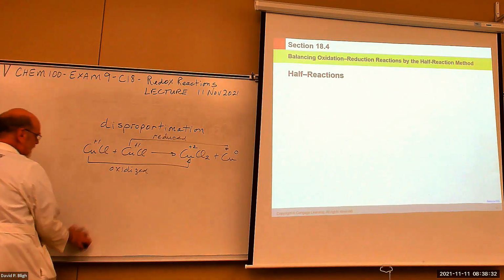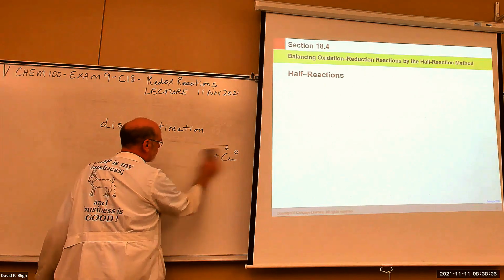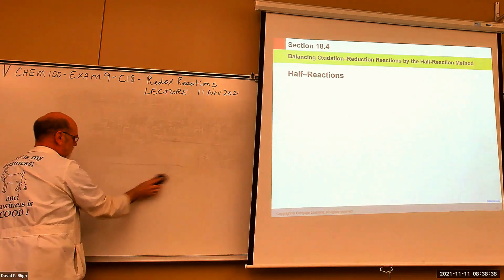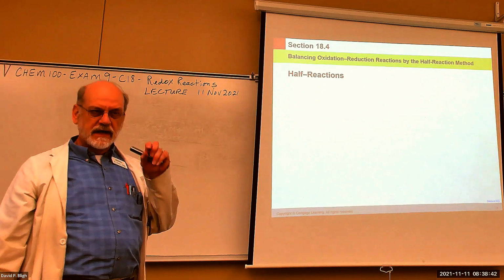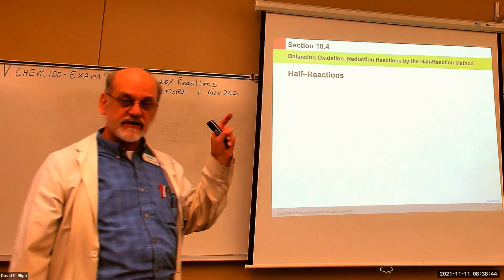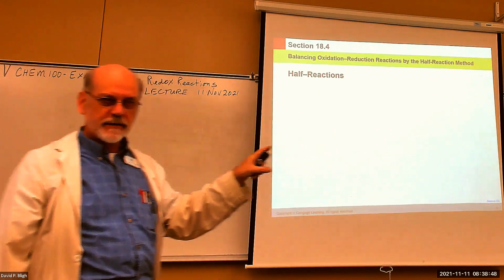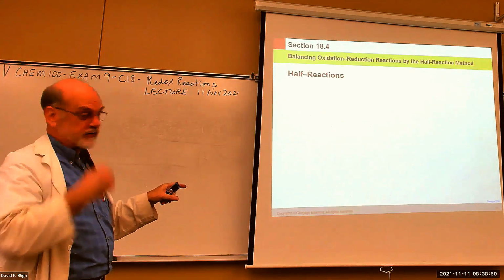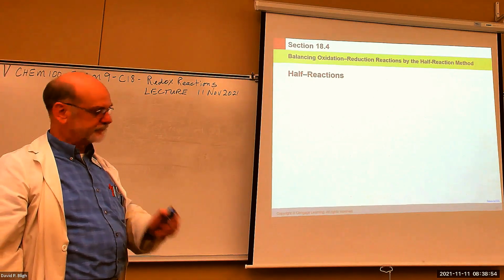Okay. Now that we know how to assign oxidation states, how to identify species that are oxidized and where they go, and the reduced and where they go in the products, we're going to use that information to help us balance equations.